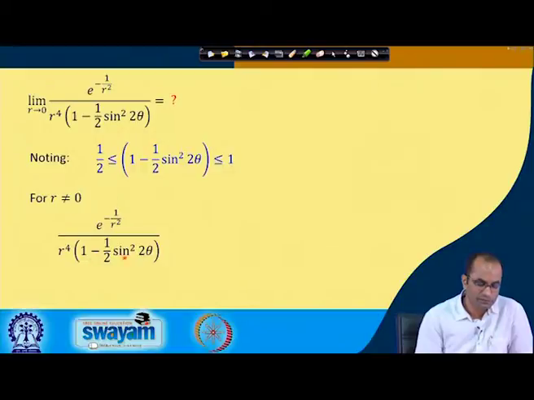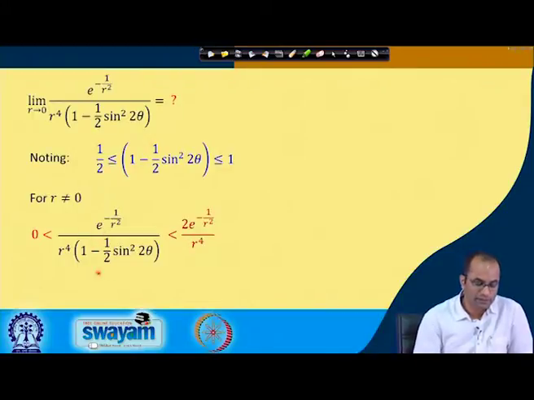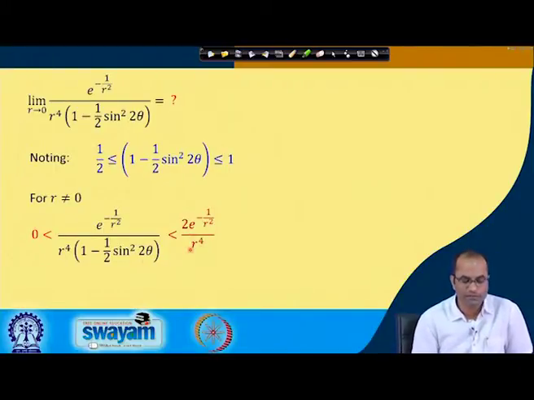This is a positive term, and it is greater than half, so certainly this is greater than 0. Because it is always greater than half, we can replace it by half and get an upper bound, 2 e power minus 1 over r square over r 4. So this term lies between 0 and this bound.